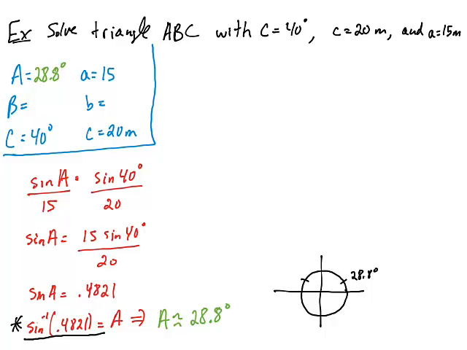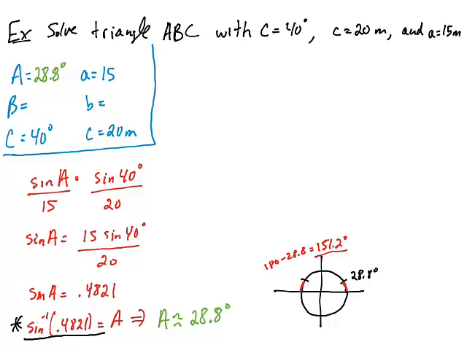So what is the corresponding value in quadrant 2? Well, the reference angles are the same, so that reference angle in quadrant 2 is 28.8. So we're going to say 180 minus 28.8, and that gives us 151.2.